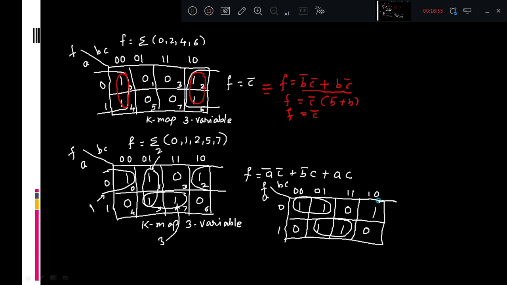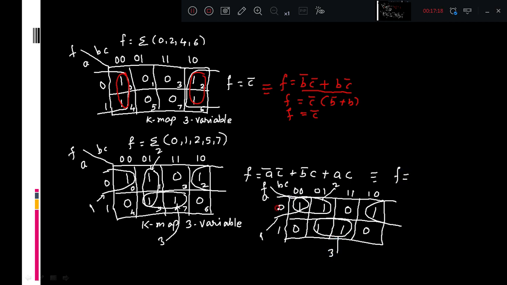So for that, a two cell grouping is possible. Instead of single cell grouping, you can also go for a two cell grouping like this. Both are equivalent. For the solutions that we get, say this is the first, second and third grouping.